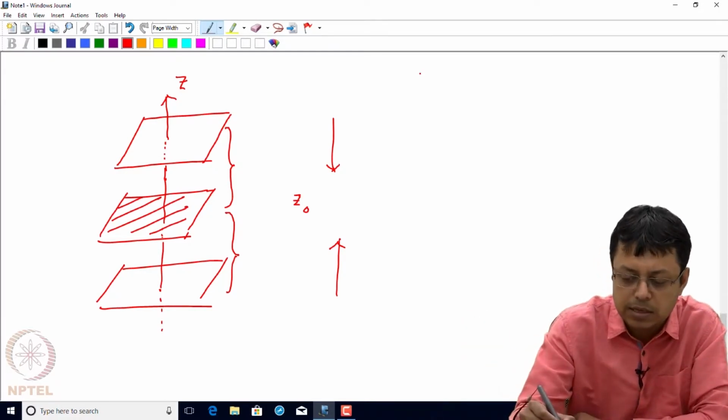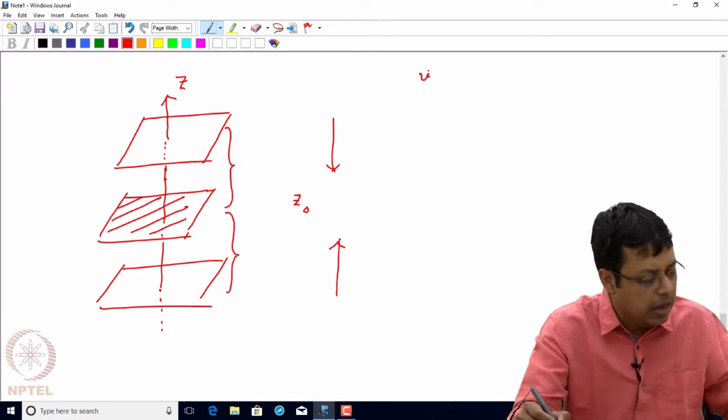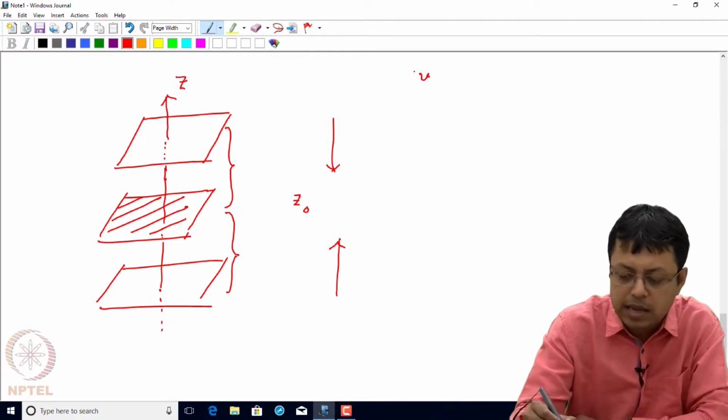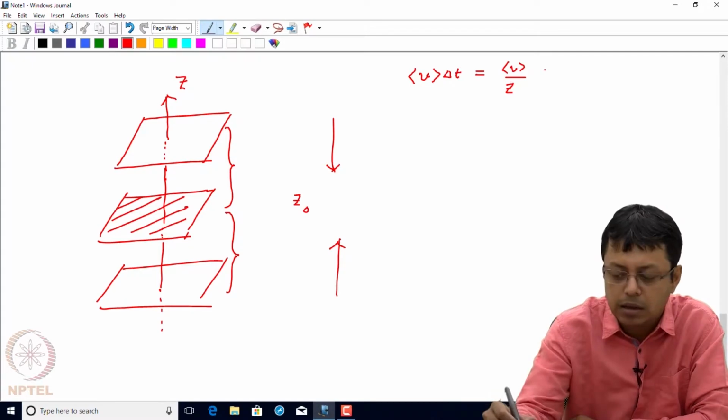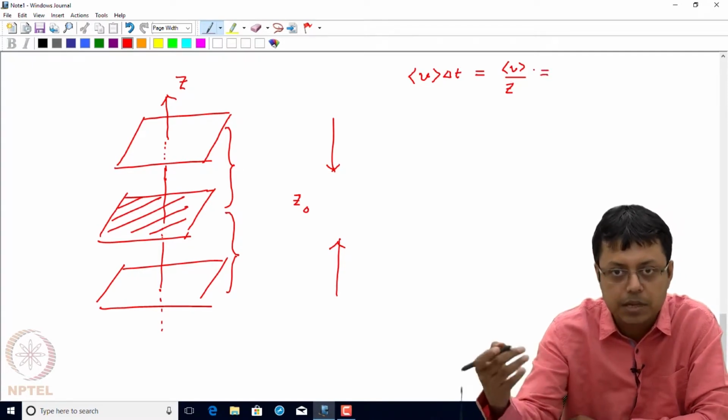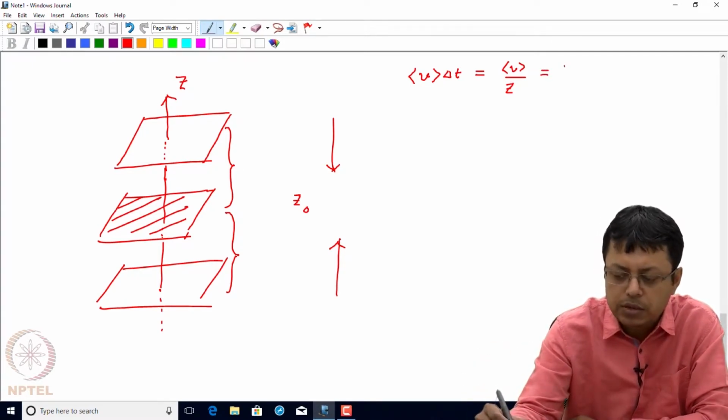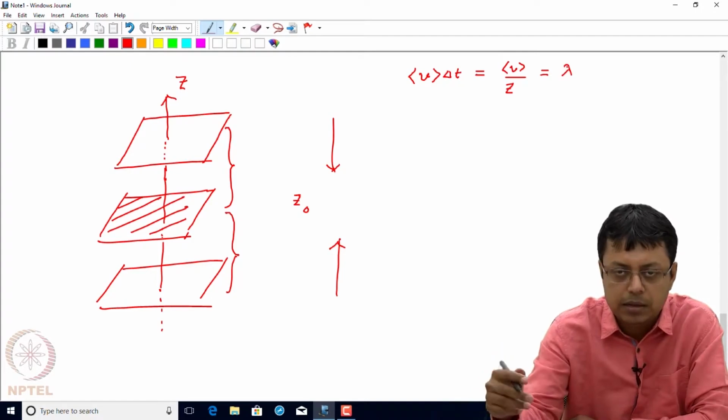If the velocity is, suppose, v, the mean free path is the average velocity times delta t, which is nothing but the average velocity divided by the number of collisions, if the collisions are between the same type of molecules. That is what we define as the mean free path in the kinetic theory of gases.